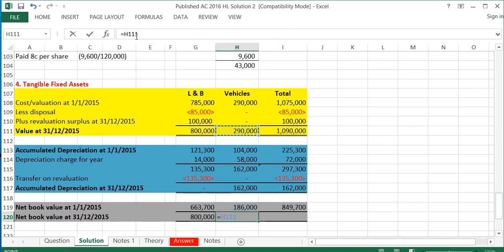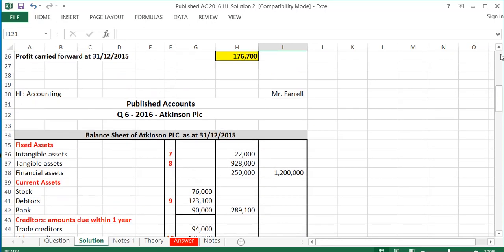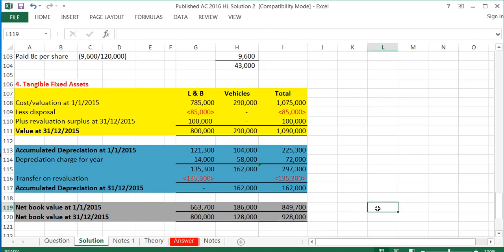Vehicles 290,000 minus 162, and the total is 1090 minus 162 is 928,000. Now it's worth checking, because that note is slightly tricky, that it ties back into your balance sheet figure of 928,000. And it does. Tangible asset note should come to 928,000. So that's note 4.